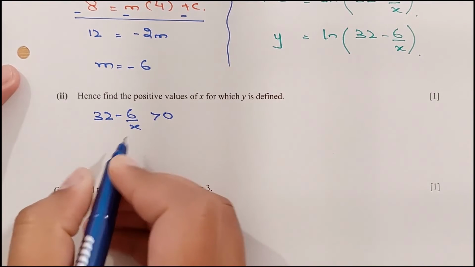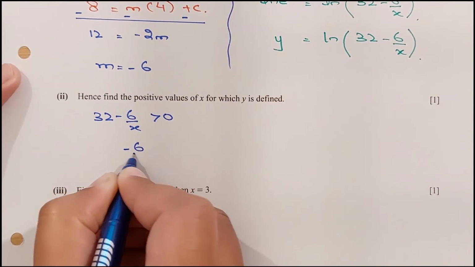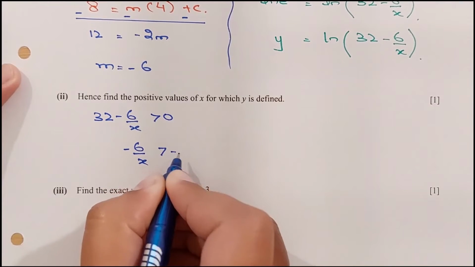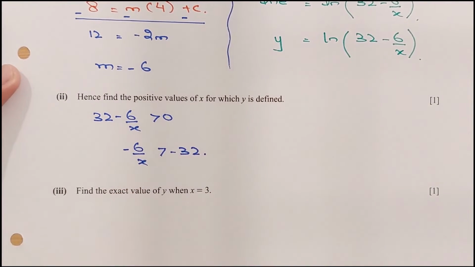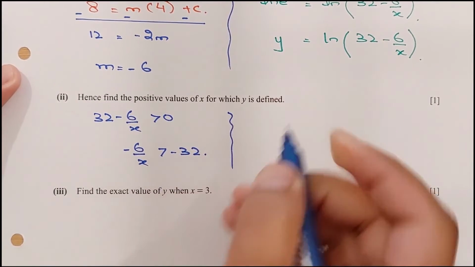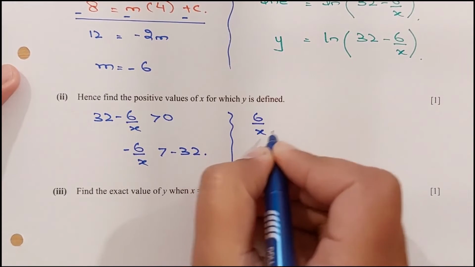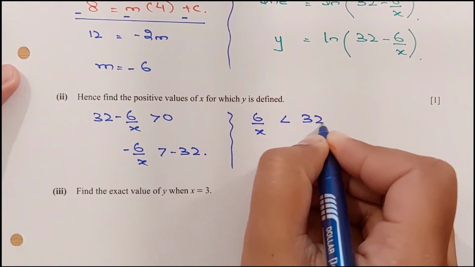So we have to simplify this: minus 6 over x is greater than minus 32, right? Okay, and then we have to cancel the negative sign on both sides, so we have to reverse the inequality. 6 over x is less than 32, right?